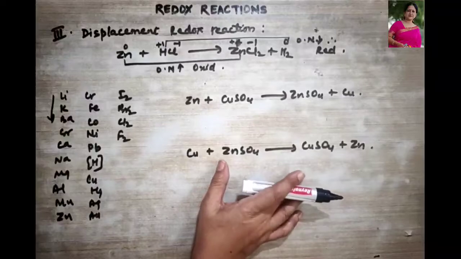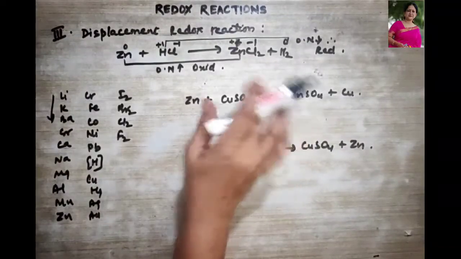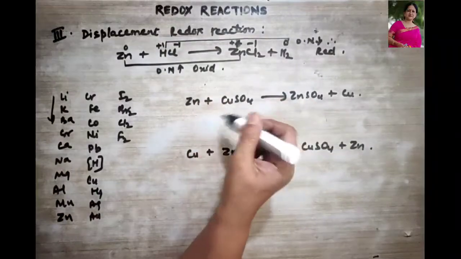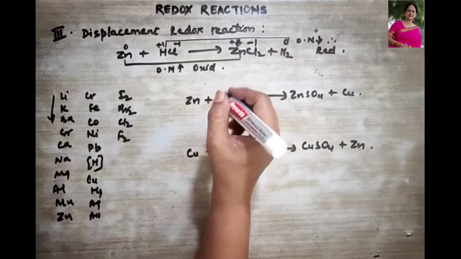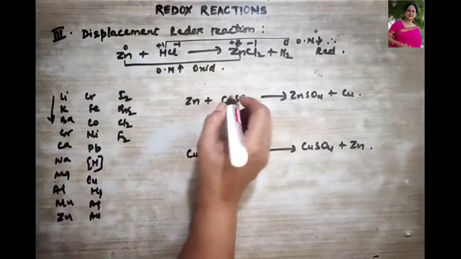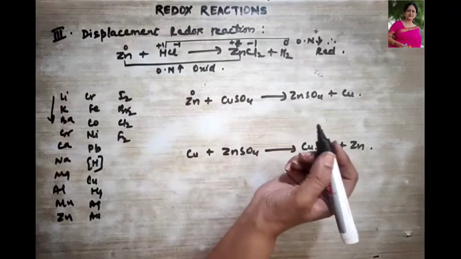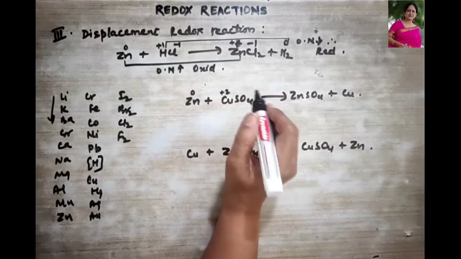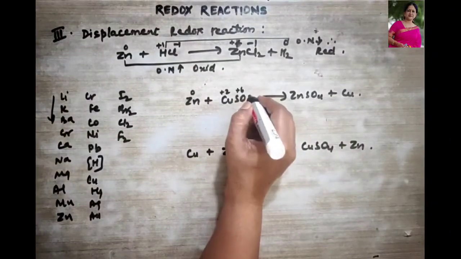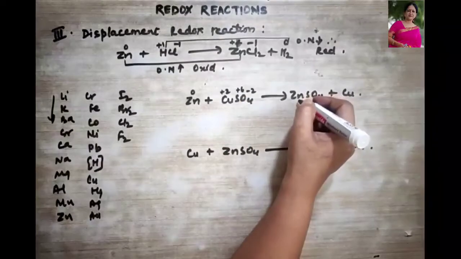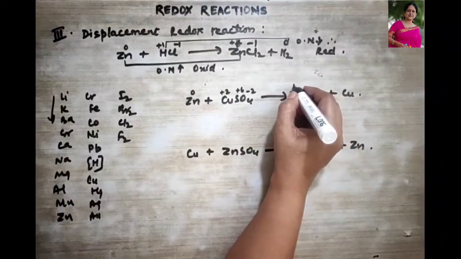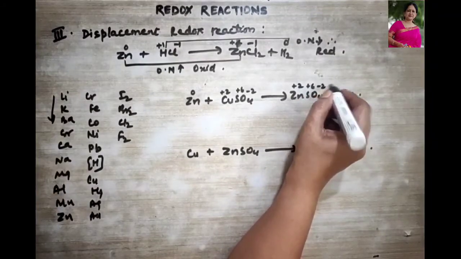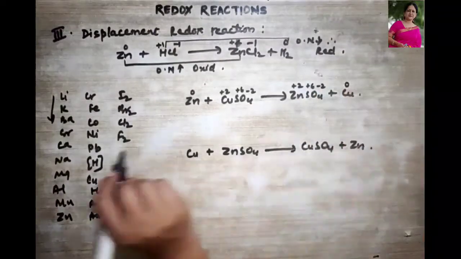Now here in class 11th we have to explain this on the basis of our oxidation number. So let us observe the oxidation number. Over here, the oxidation number of zinc is 0, that of copper is +2, that of sulfur is +6, oxygen is -2. Zinc over here is +2, +6 is sulfur and -2 is oxygen, and this is 0, right?